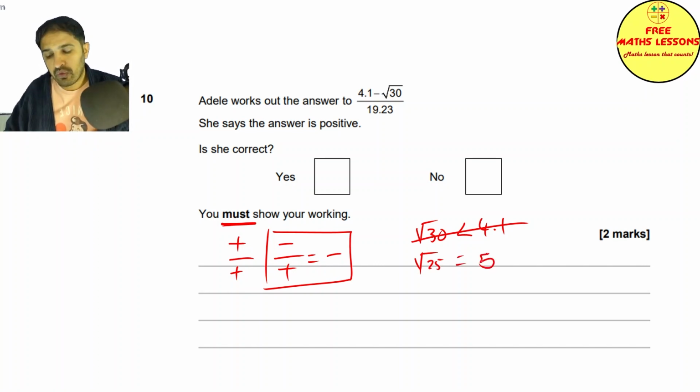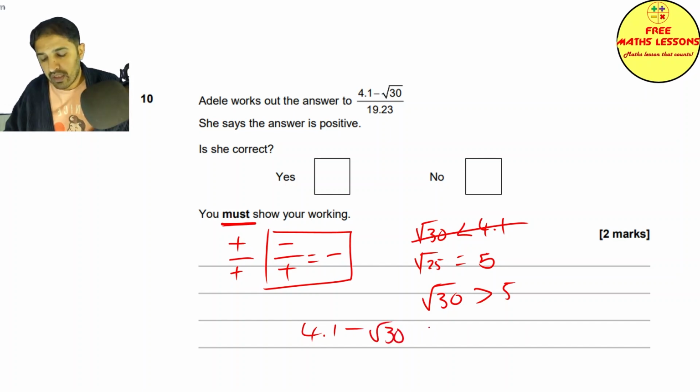It's 5. So do you think root 30 is going to be smaller than 5? No. So we can say root 30 is going to be bigger than 5. Therefore, 4.1 minus root 30 is going to be less than 0. Whatever the answer is, it's going to be less than 0. That means it's going to be negative.